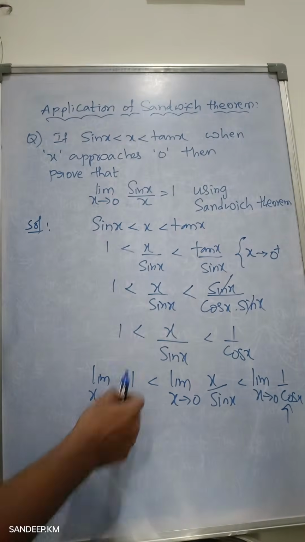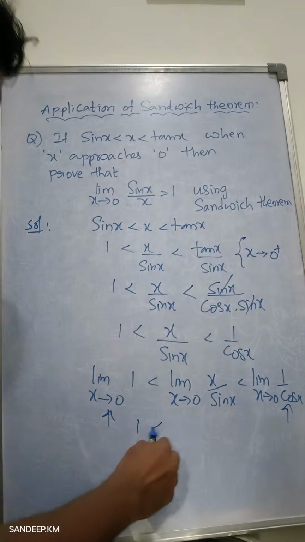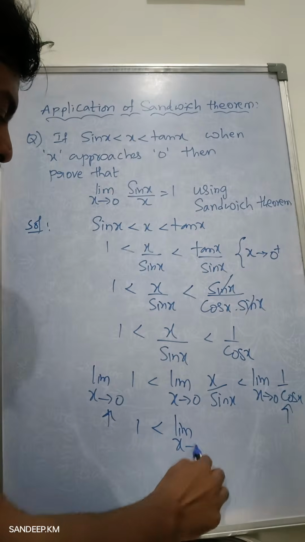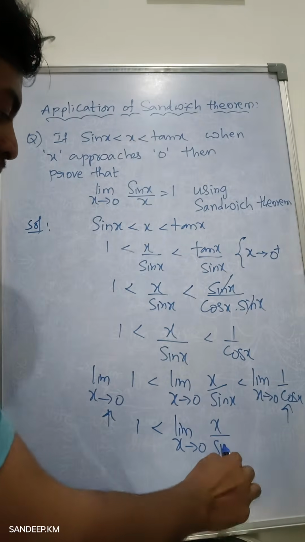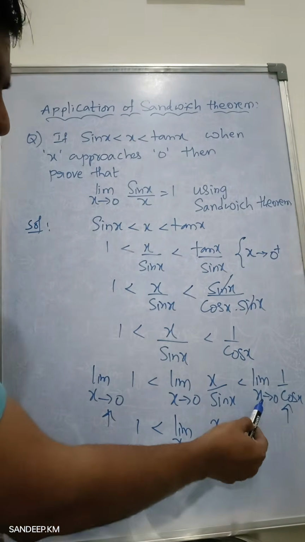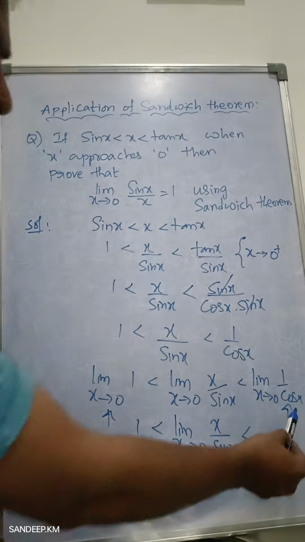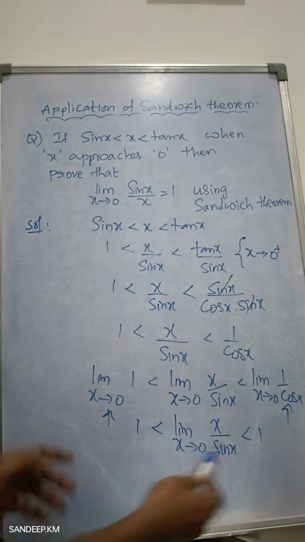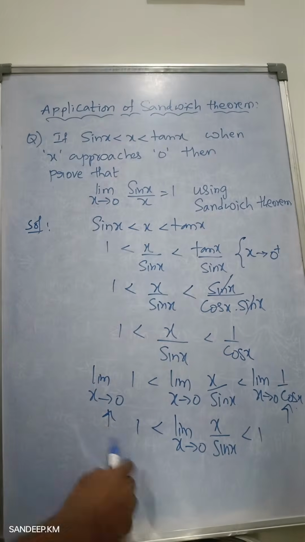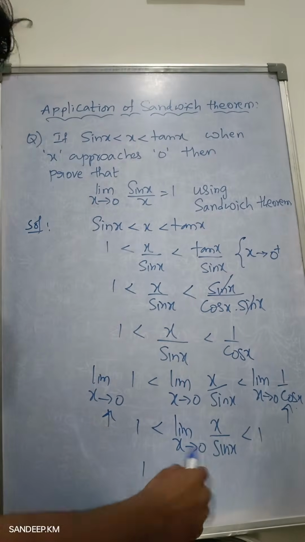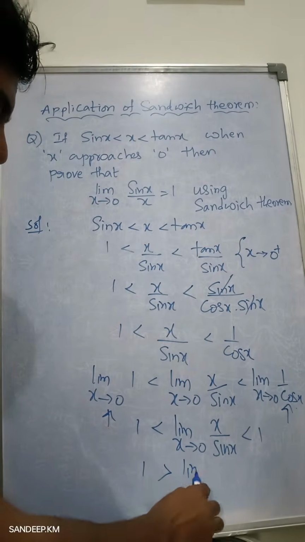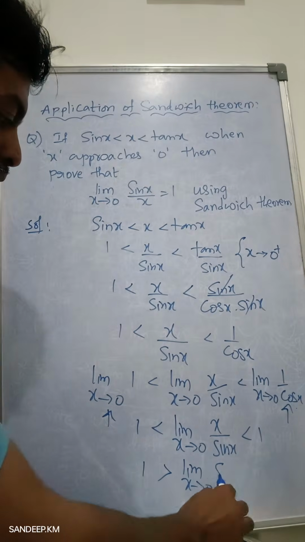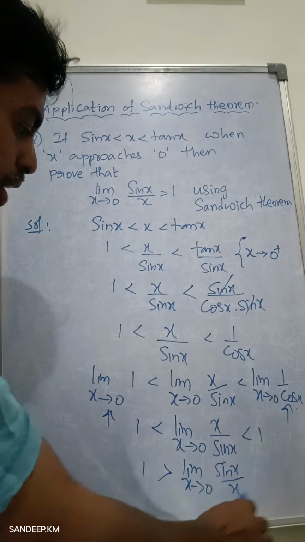So when x approaches 0, the value of 1 is 1 only, less than limit x approaches 0 of x by sin x, less than, and you can directly substitute x as 0 and cos 0 is 1, so 1 divided by 1 is 1. Now when I take reciprocals, what happens, dear students? 1 greater than limit x approaches 0 of sin x by x greater than 1.